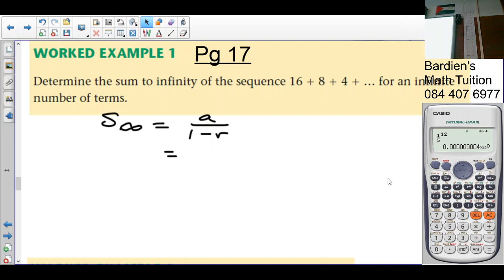Alright, so what do we get? A, which is 16 over 1 minus r.